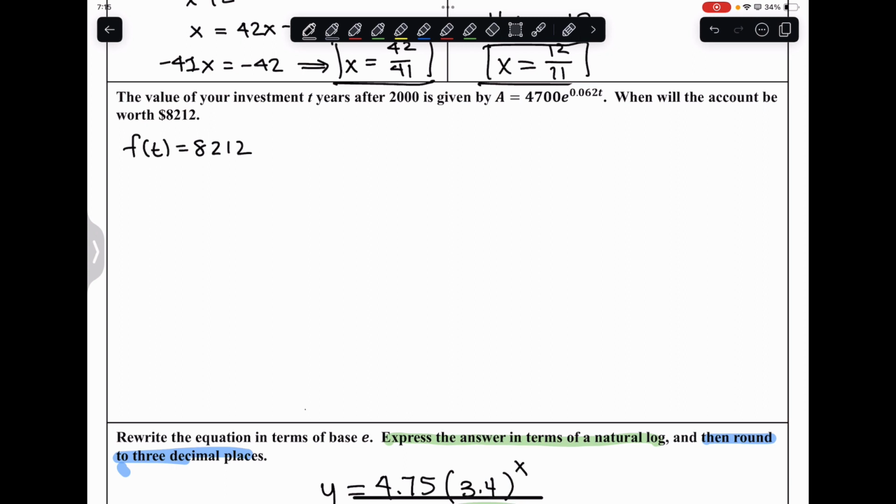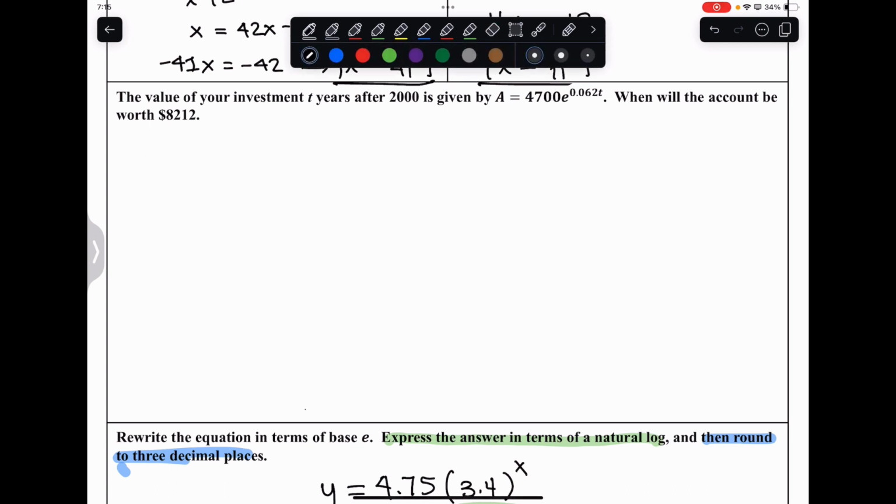So we're going to replace A, or let me use that notation instead, since we're using A and not function notation. The question is, what is t equal to when A is 8212?